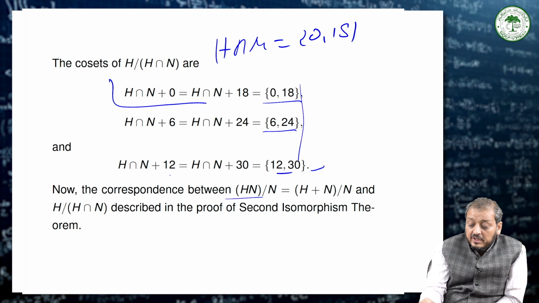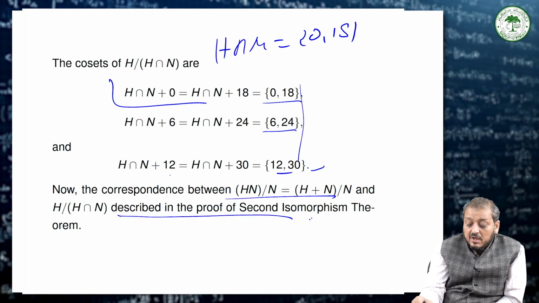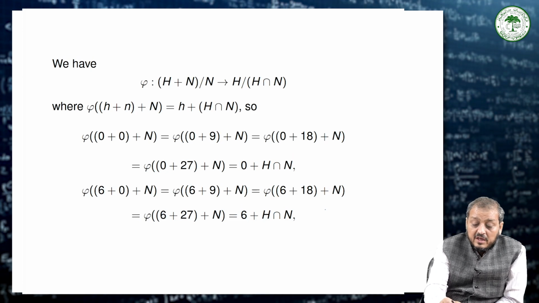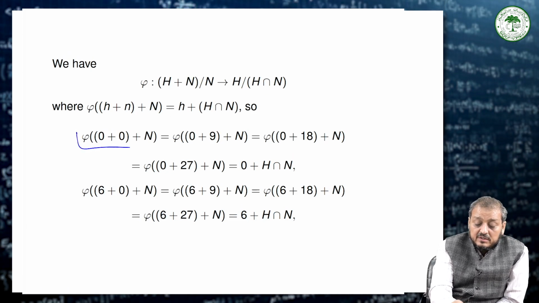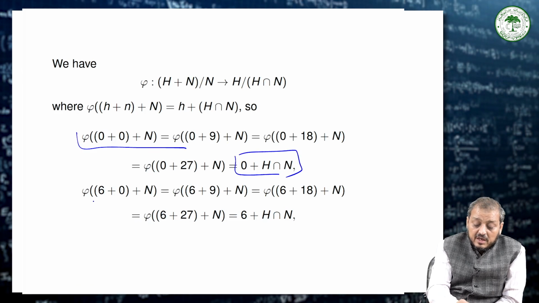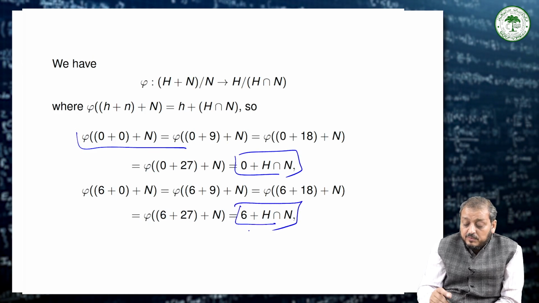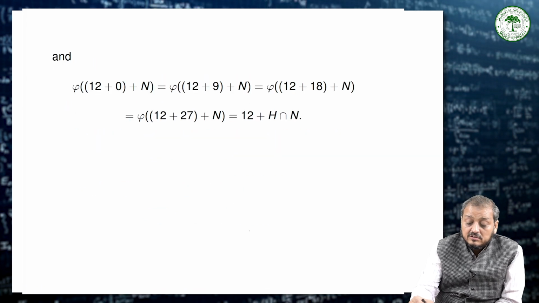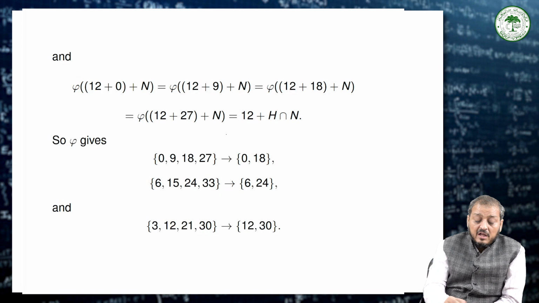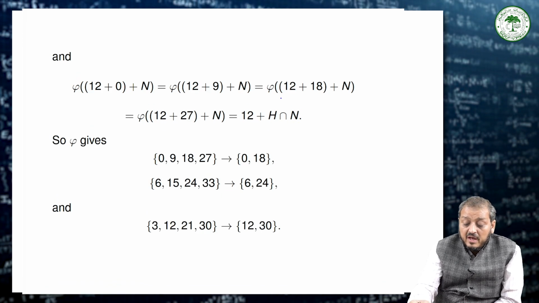So now the corresponding cosets, as described in the proof of the second isomorphism theorem, we can write in this form. We calculate 0 plus h intersection n, and if we take 6 plus h intersection n, and similarly we have 12 plus h intersection n. So this means we have three different things.